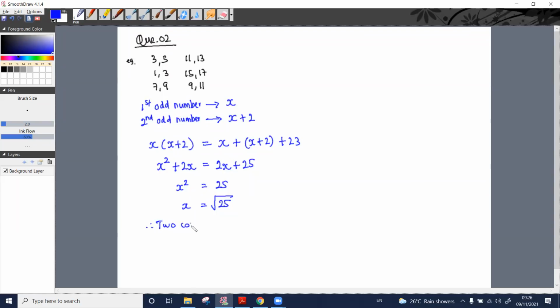Therefore, the two consecutive odd numbers are 5 and 7.